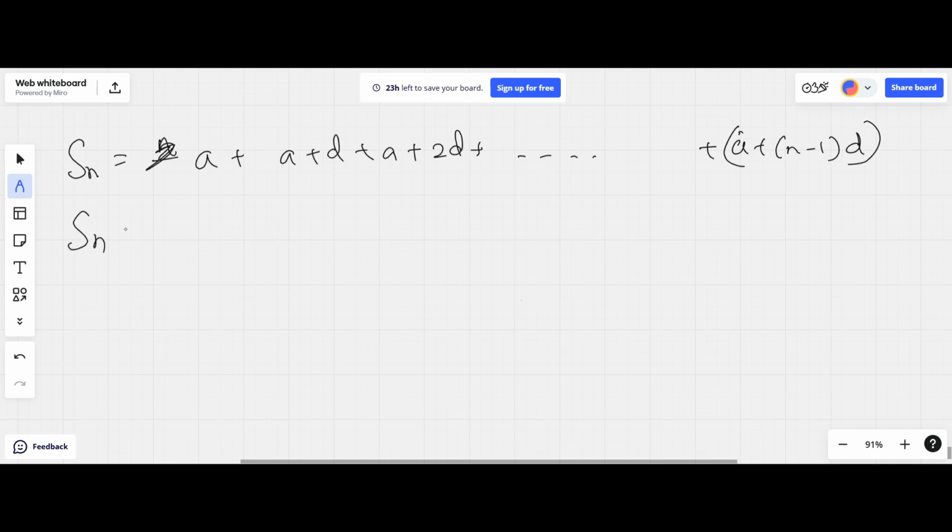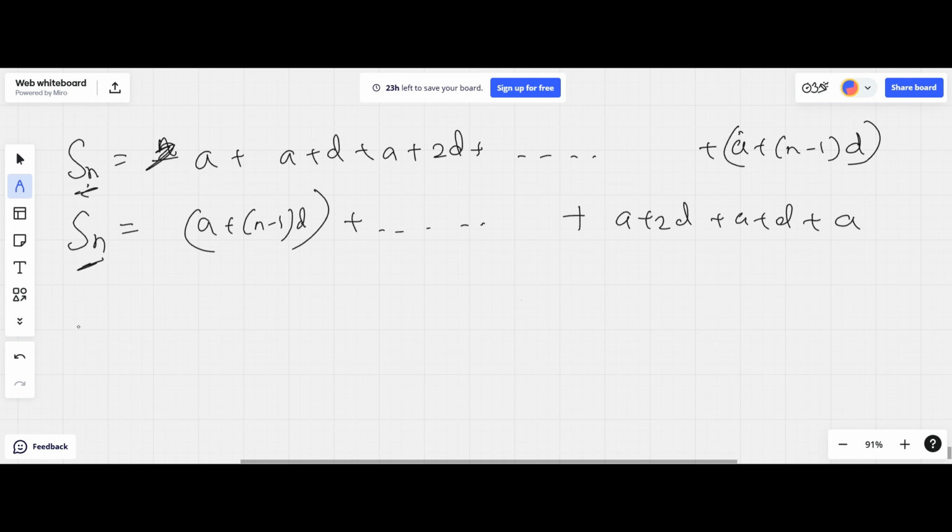So we'll rewrite Sn in the reverse order. We'll write first a plus n minus 1 into d, likewise it goes on, and it will end like this: a plus 2d, a plus d, plus a. We are reversing it, both are the same. Now if we add both, Sn plus Sn, 2Sn.